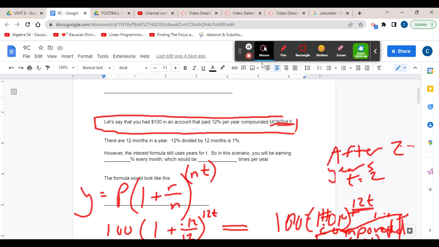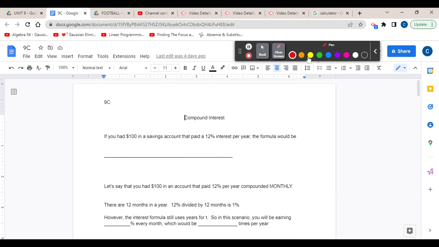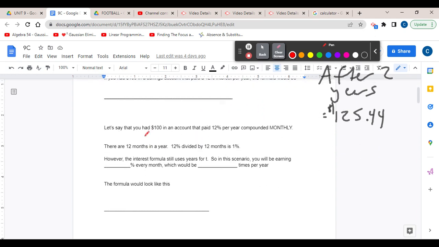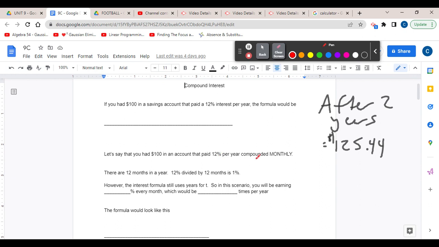So for this one, after 2 years, I would have $125.44. That's how much I would have for 2 years if I just got paid 12% interest per year. Remember, the scenario down here is 12% interest per year, but compounded monthly.